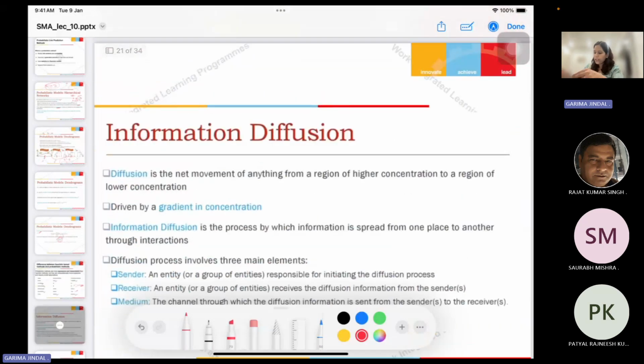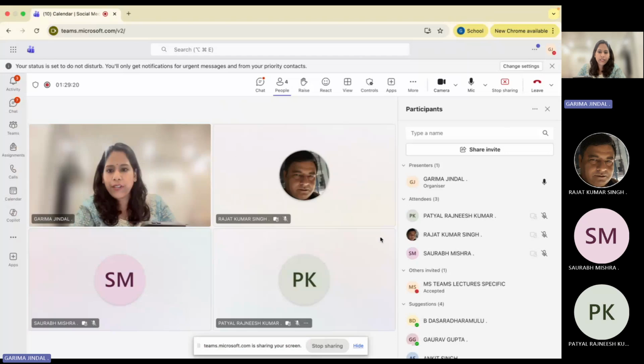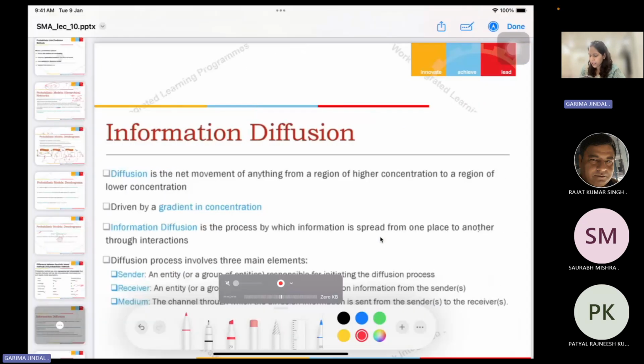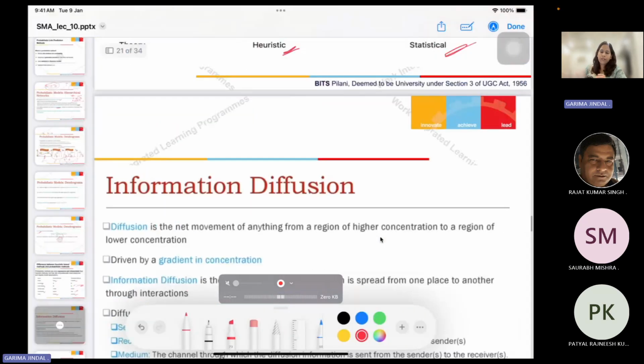So with that, we have covered our topic, link prediction. I hope the explanation of link prediction is clear to you all. In link prediction, we have covered three types of methods: local heuristic based, global heuristic based, and probabilistic methods.